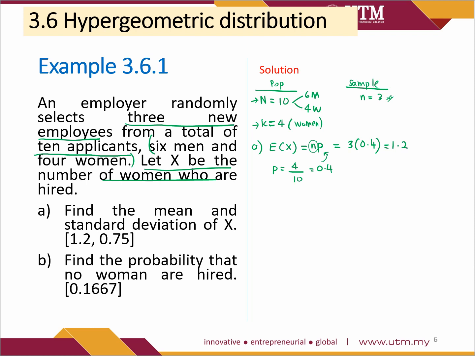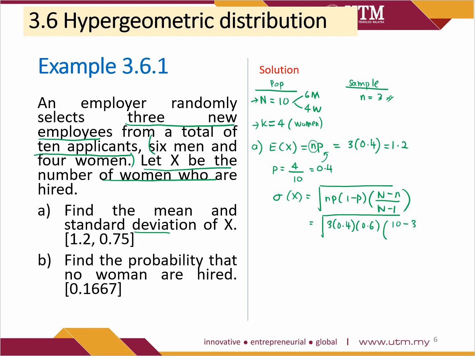Now the second one is to find the standard deviation. Standard deviation would be the square root of the variance. The formula of variance is n P (1 minus P) times (N minus n) over (N minus 1), which equals the square root of 3 times 0.4 times 0.6 times (10 minus 3) over (10 minus 1).